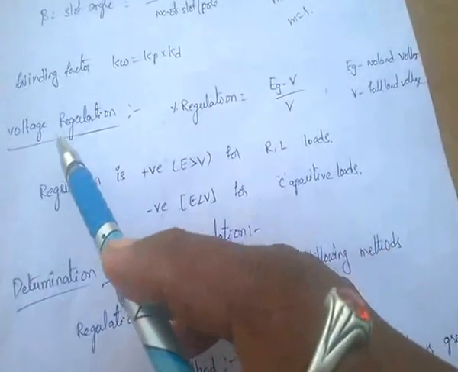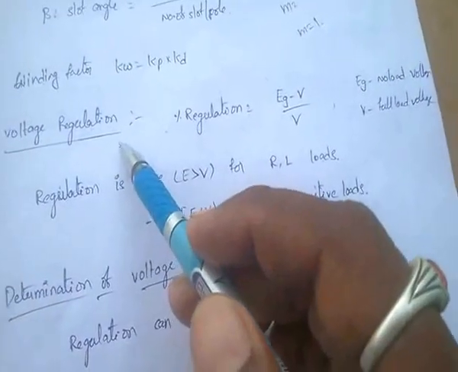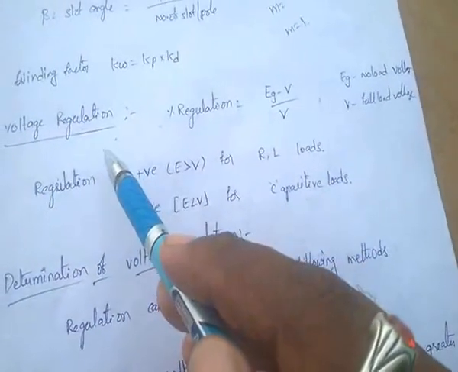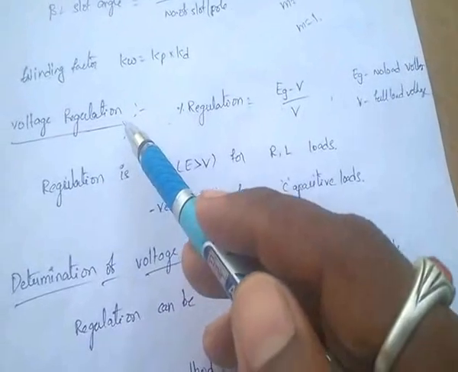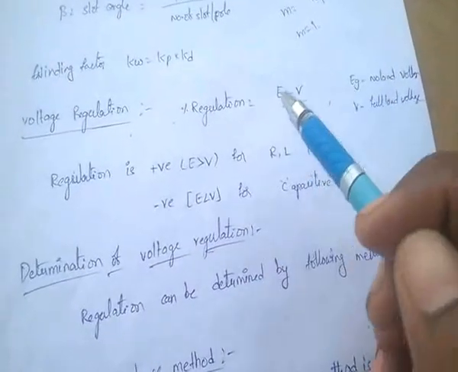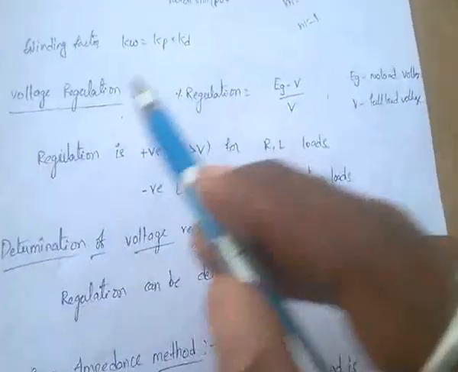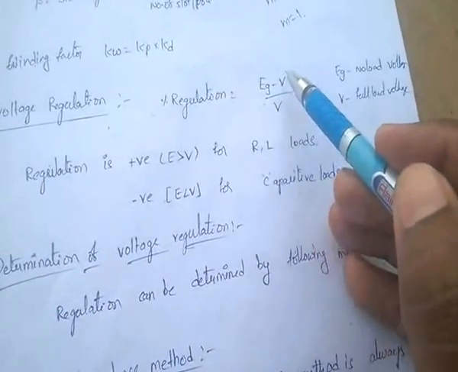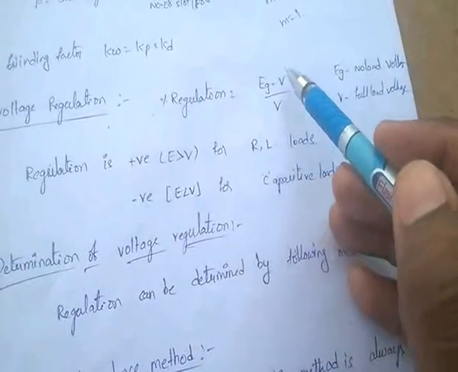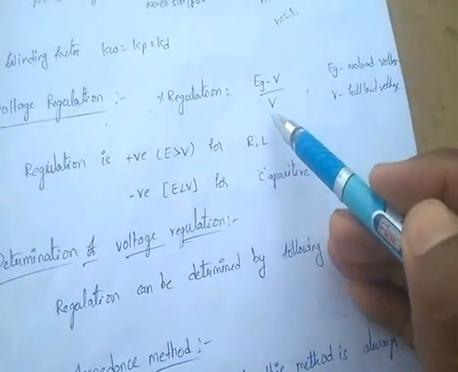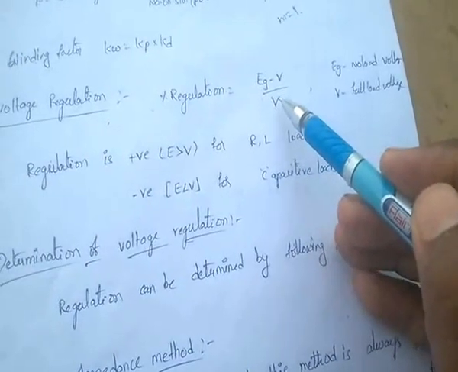Next, coming to the voltage regulation. Voltage regulation means the difference of voltage from no load to full load, with respect to the full load voltage. E is the no load voltage and V is the full load voltage.